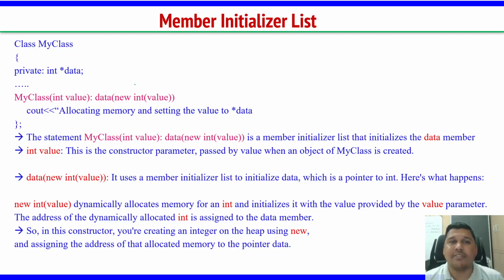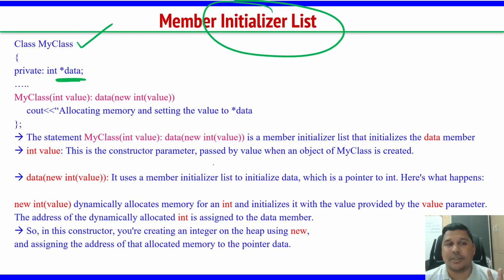One more point we will just quickly see. So there is a class MyClass, and there is a pointer variable. If the variable is a normal variable, you can use the constructor concept there. But if it's a reference variable or pointer variable, then you have to go for the initializer list. Meaning that a constructor can be used only for normal variables.